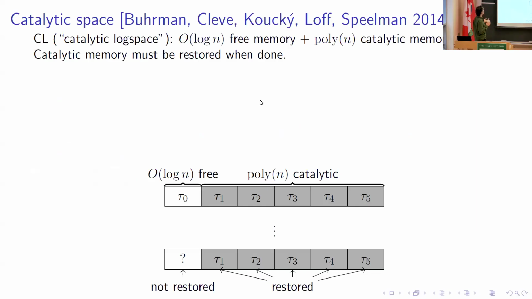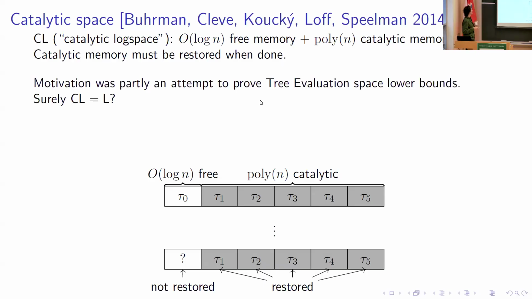So the class catalytic log space in particular says we have on the order of log n free bits of memory and polynomial in n catalytic memory, so much more used memory. And just like in these clean subroutines I was talking about, the catalytic memory starts out with some arbitrary values in it, and once our algorithm finishes, those arbitrary values need to be restored to what they started with.